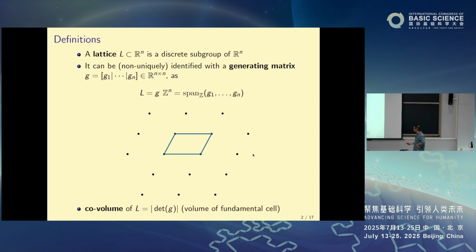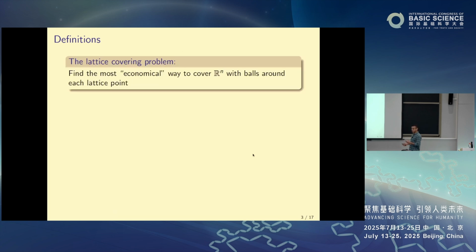So you get this parallelepiped. It is a fundamental cell because if you move it next to each lattice point, you get a perfect tiling of space. This is what it means to be a fundamental cell. And its volume is obviously the determinant of the generating matrix G. Right, so the volume of a fundamental cell is the determinant, and we call this the covolume of the lattice. This determines the scale of the lattice, how dense the points are in space.